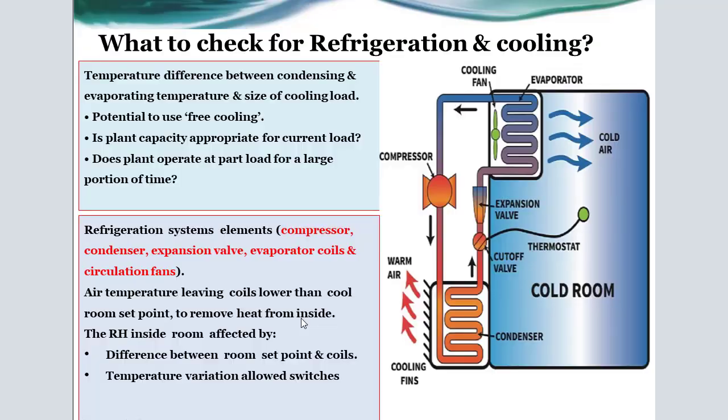Okay, and also we see that the temperature variation allowed switches on or off at plus or minus 2 Celsius degrees. This of course represents the principal operations of a refrigeration and cooling system for this specified room.